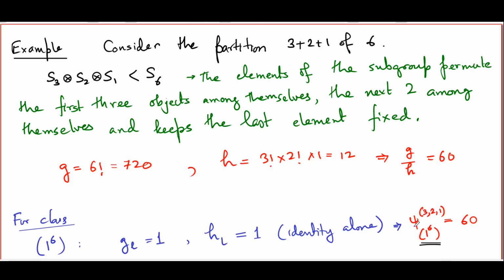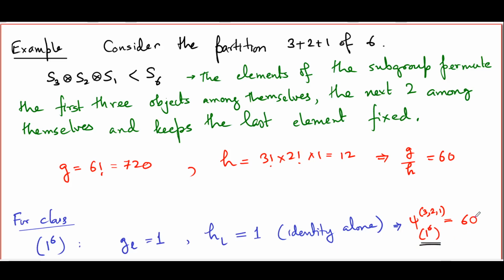So our notation will always have psi with the partition as superfix and the class identity as a suffix here. So all the characters that we are going to calculate in this go are going to have psi with a 3 2 1 superfix. Of course, the class label is going to change from class to class. And in this particular case, you have this simple value of 60.